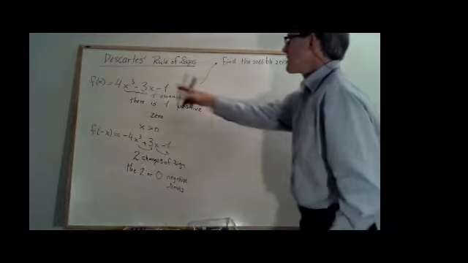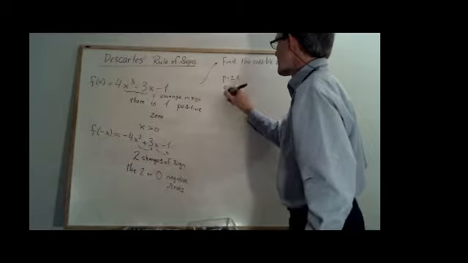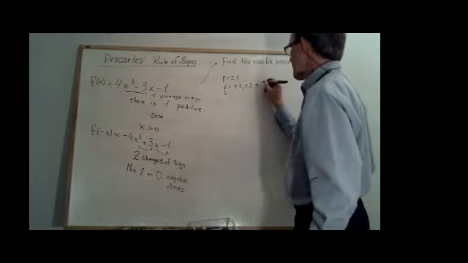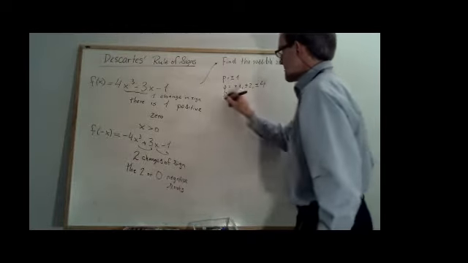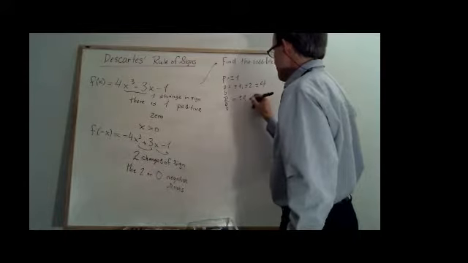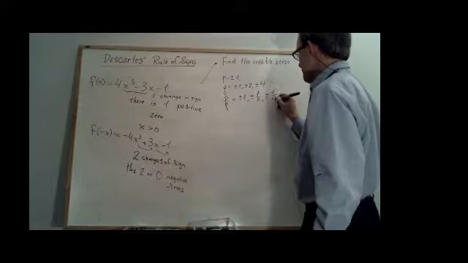P can be plus or minus 1. Q can be plus or minus 1, plus or minus 2, plus or minus 4. So the rational roots could be plus or minus 1, plus or minus 1 over 2, plus or minus 1 over 4.